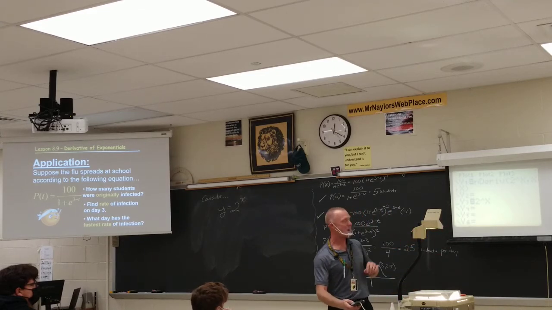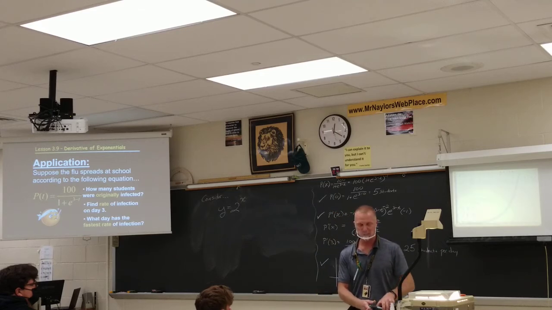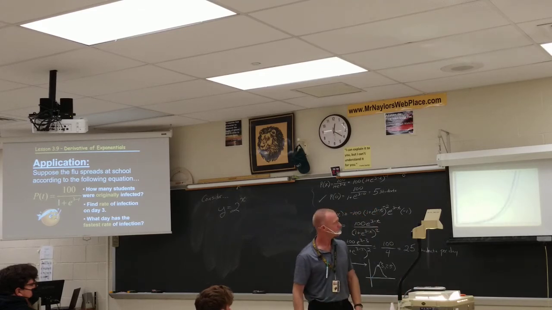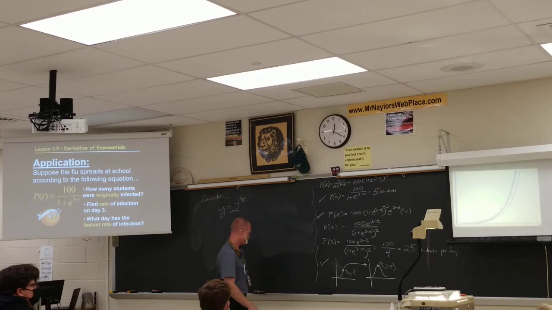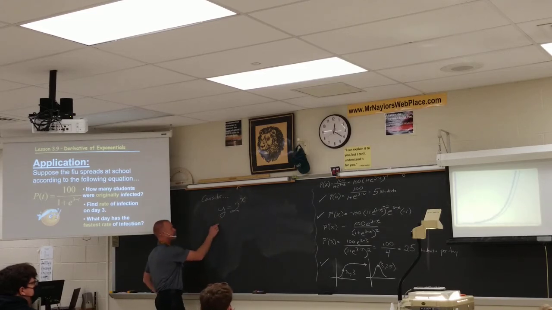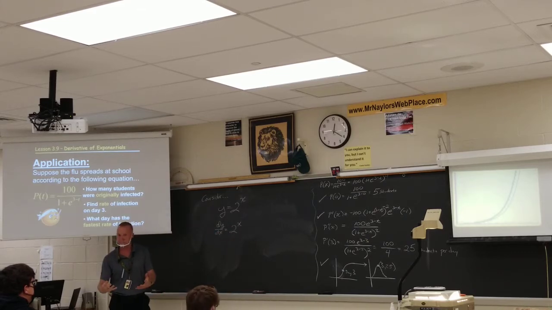Now watch, I'm going to graph 2 to the x, which is kind of like our supposed prediction. I want you to look at that and say, close. In other words, the derivative seems like it would have to have in its essence the same thing.